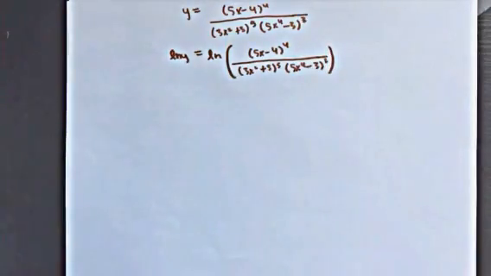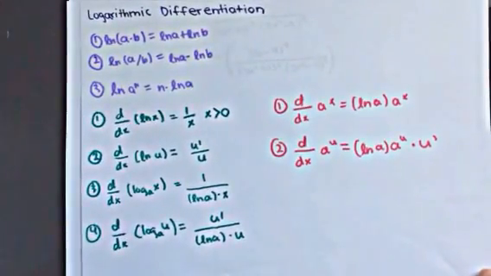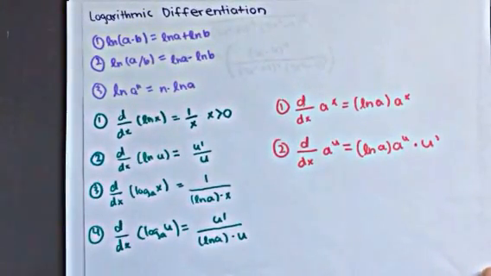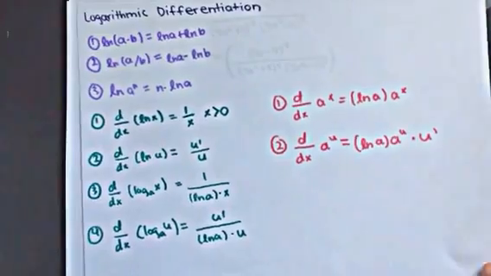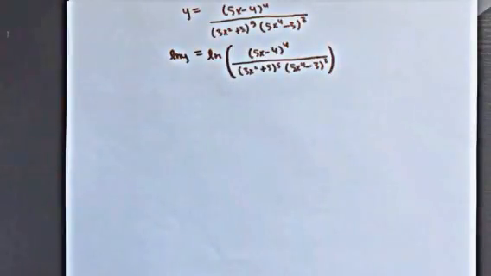So if you haven't noticed yet already, this is in the format of the log quotient rule that I said earlier, where the natural log of a over b equals the natural log of a minus the natural log of b. So we're going to apply that here.